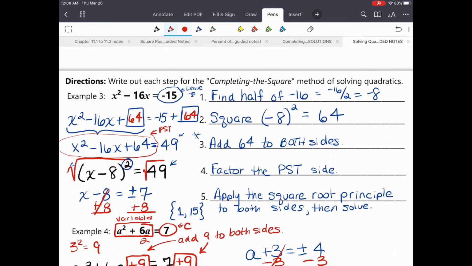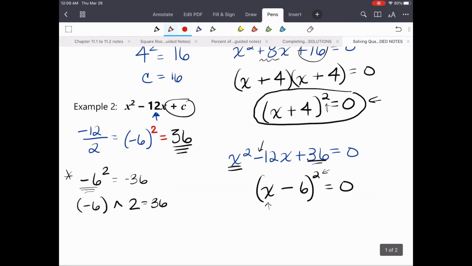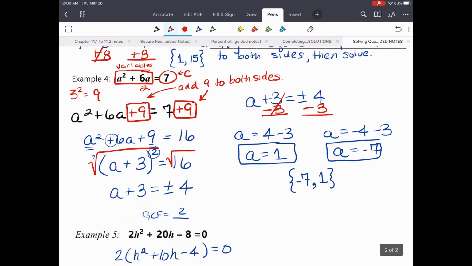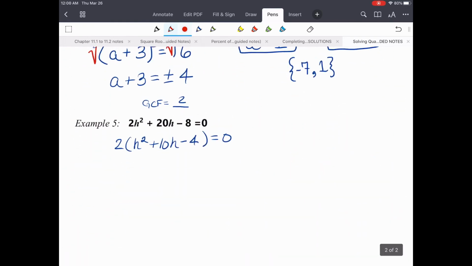So same thing right here. See, on example 3, we have the x squared and the x on the left side, and the constant, which is negative 15, was on the right side. For these, it was kind of different, so let's not refer to those. But this, we don't have that.